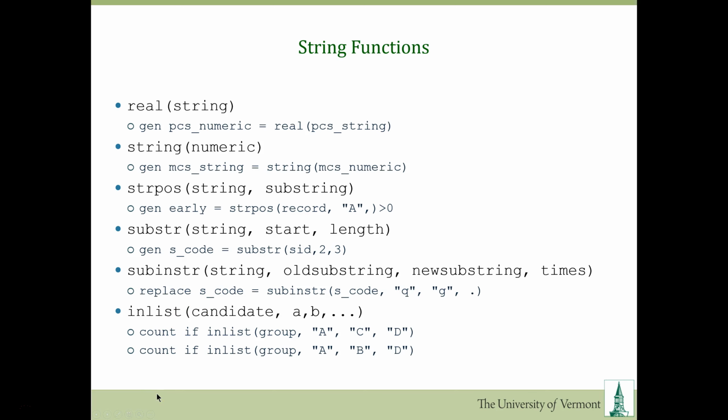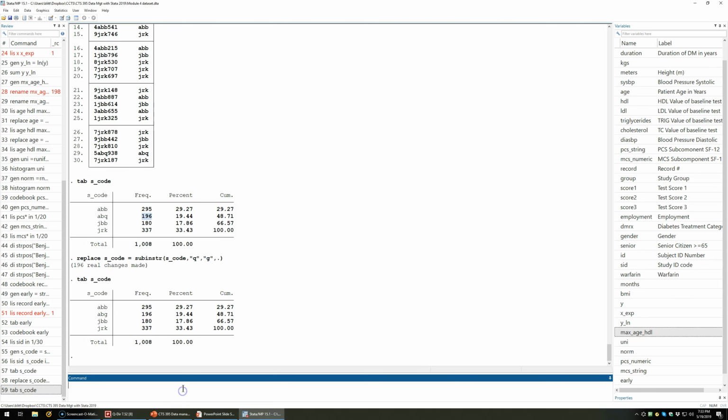So, for instance, maybe we don't want to generate a new value, but we could just count within group how many have an A, a C, or a D. Well, let's take a look at group first of all and make sure we know what we're dealing with.